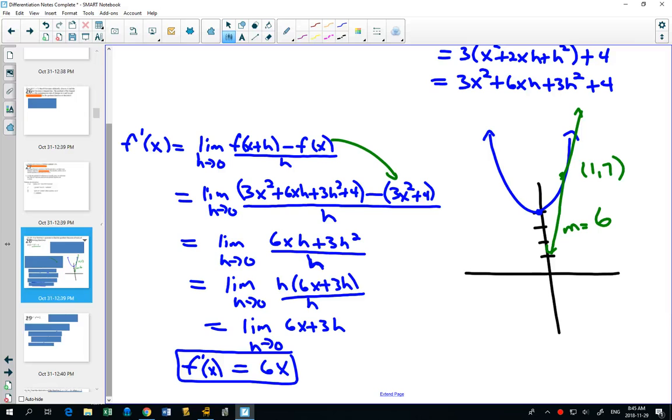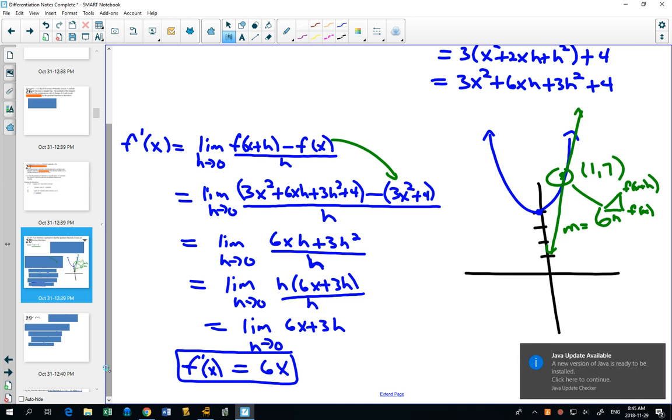A little review of the definition. Remember that the definition was making a secant line turn into a tangent line, where if we zoomed in to this little point here, we'd imagine a tiny little triangle where we had h here, and this would be f of x plus h for a y value here, and f of x as a y value there.